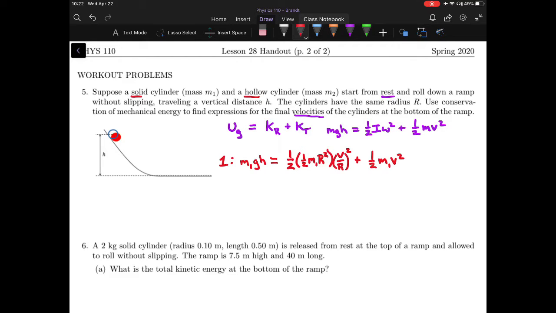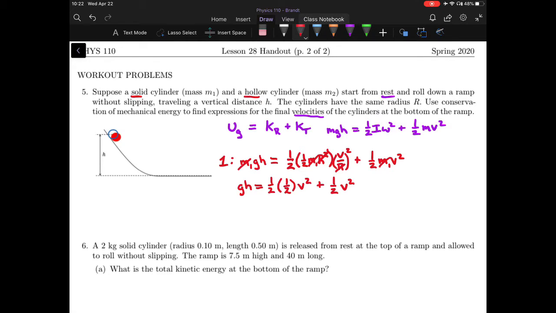What that gives us is that r squared is going to cancel with those r squareds, and we can go ahead and rewrite this out. Oh, actually, one more thing. Those m1s are all going to cancel there. So we have gh is equal to 1/2 times 1/2 times v squared plus 1/2 times v squared.